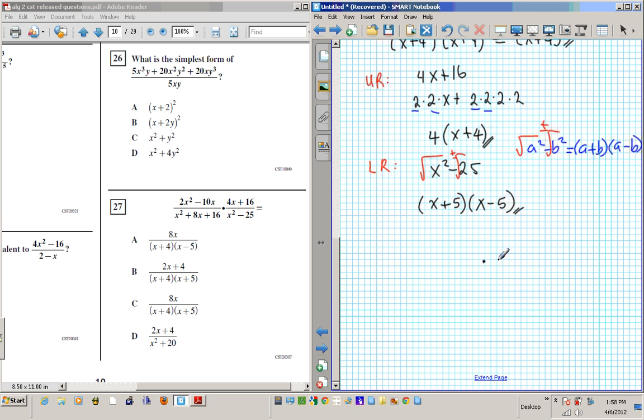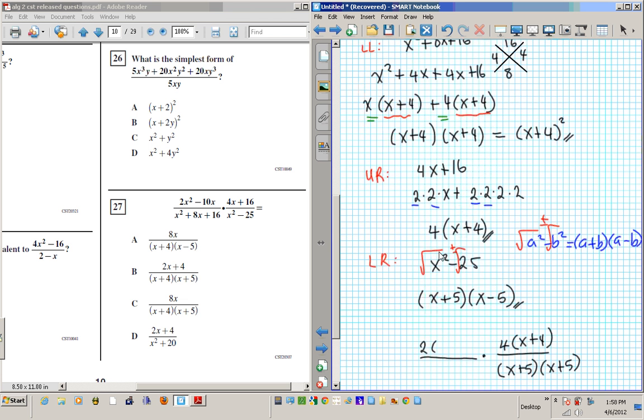Alright, so times, my upper right is 4 times x plus 4. My lower right is x plus 5 times x plus 5. My upper left is, oh gosh, I can't even see it. Let me go up.